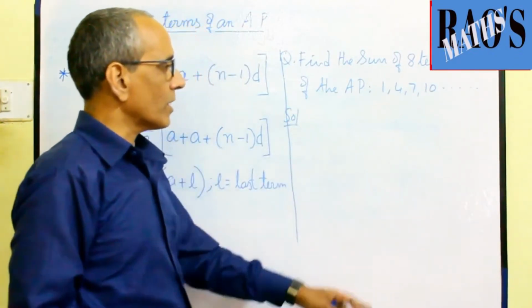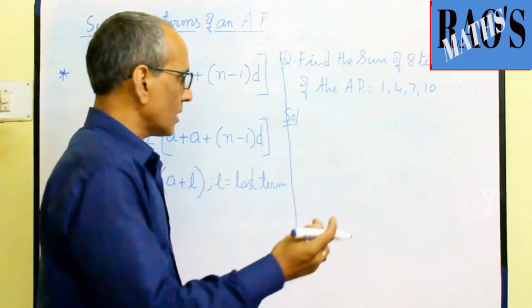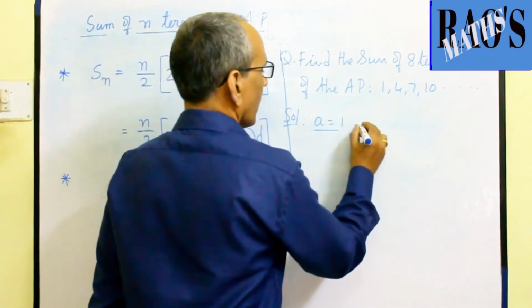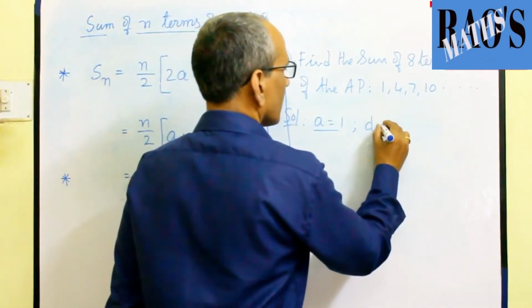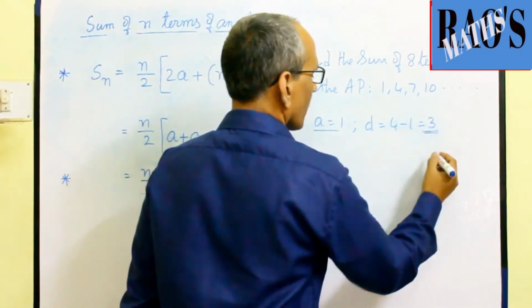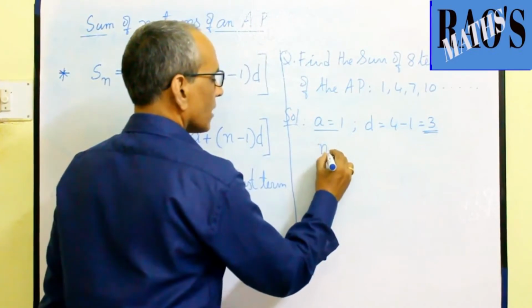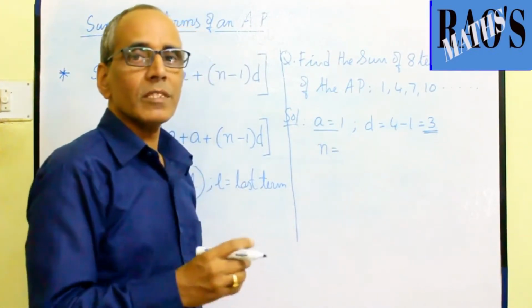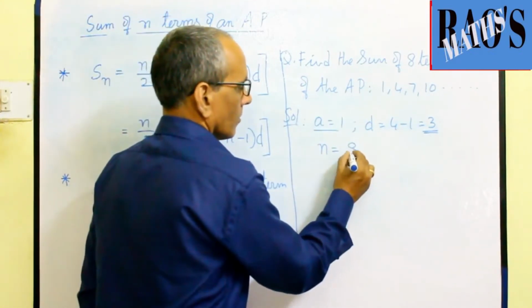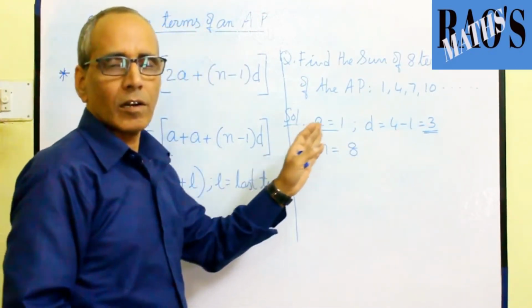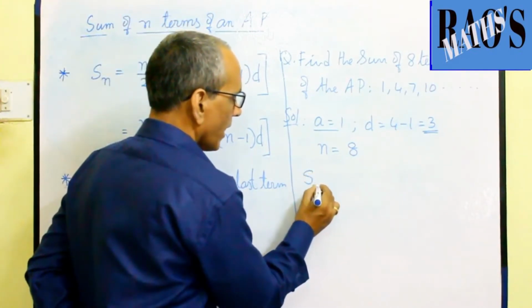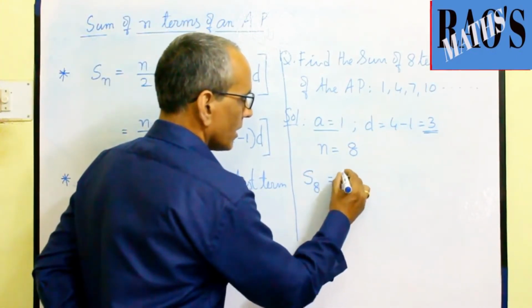From the question we know the first term, that is a is 1, and let's find the common difference, that is 4 minus 1, that is 3, the common difference. And n, how many terms sum you want, that is 8. You have a, common difference, n, so that we can find the sum of 8 terms of AP.